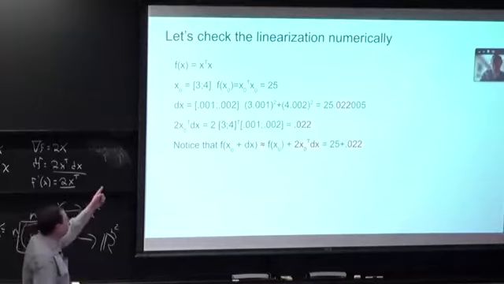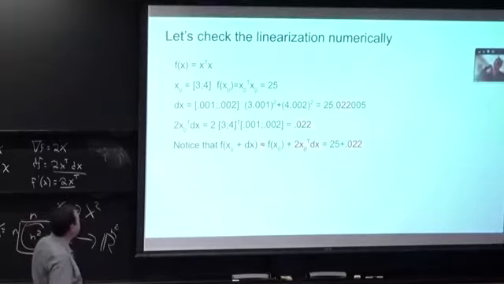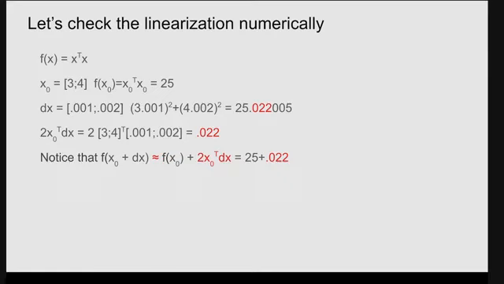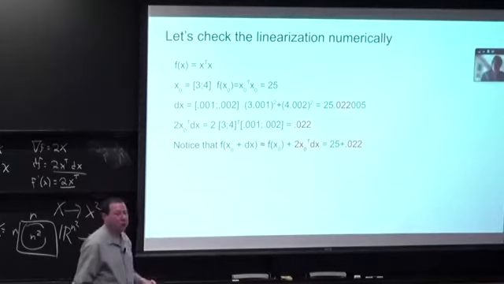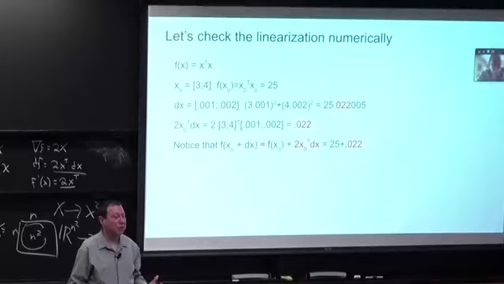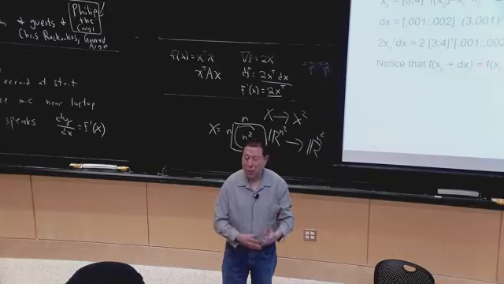And let's make a little change. Let's say my dx is, I'm going to go 0.001 in my first direction and 0.002 in the next direction. Well, you could do the math, and basically the answer is about 25.022. Here we're explicitly making those changes, but the whole point of calculus is to have a formula for doing that.